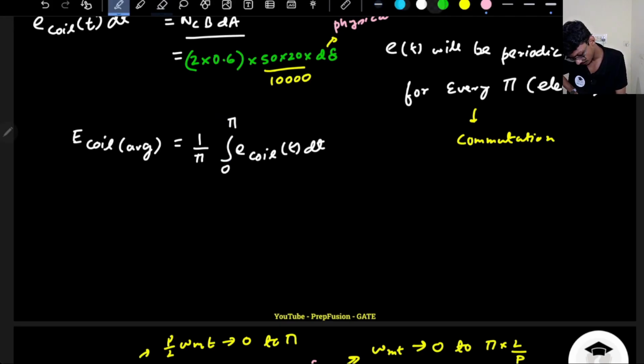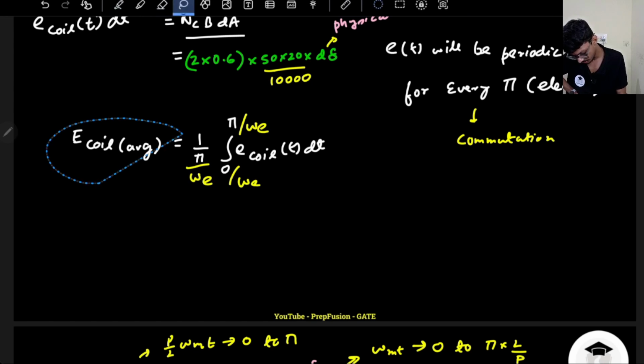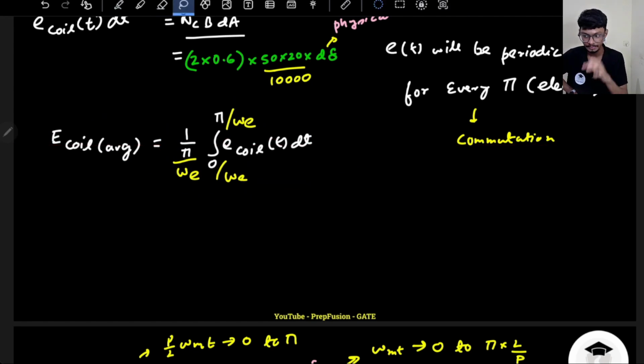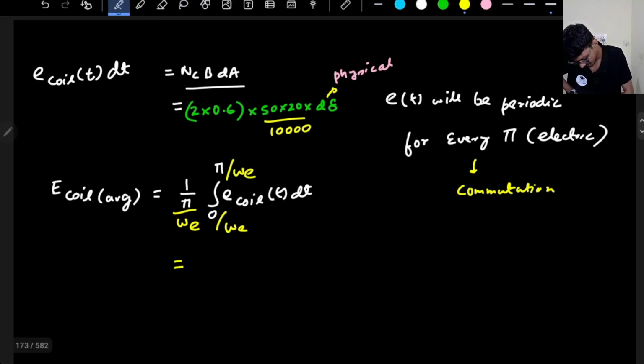Okay, so this will be pi by omega e, and this will be 0 by omega e, because the left hand side is in units of time. So half cycle will be pi by omega e seconds. So this value will be integration. On the right hand side it will be 1 by pi by omega e only.